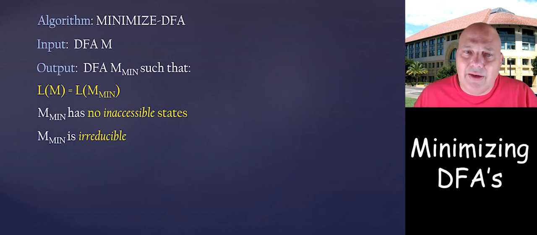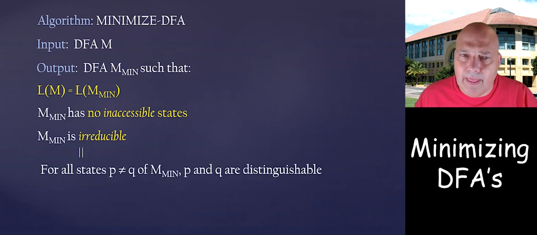And finally, M min is irreducible. Irreducible means that there are no two states that can be merged. So more specifically, it's irreducible if for every two states that are in M min, P and Q, the two states are distinguishable. So these are these two properties that we're going to have.